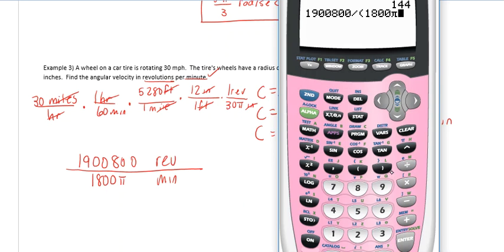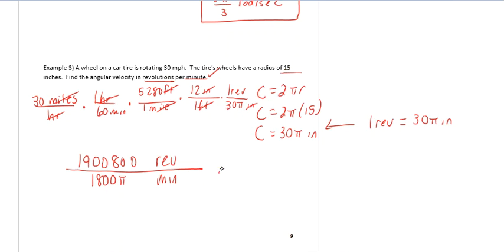Notice that I put that entire denominator with the pi in parentheses. Because if I don't do that, what's going to happen is it'll divide by 1,800 and then multiply that result by pi. And so pi won't be in the denominator, it would be in the numerator. So 336.1. And that is revolutions per minute. And that concludes this lesson.